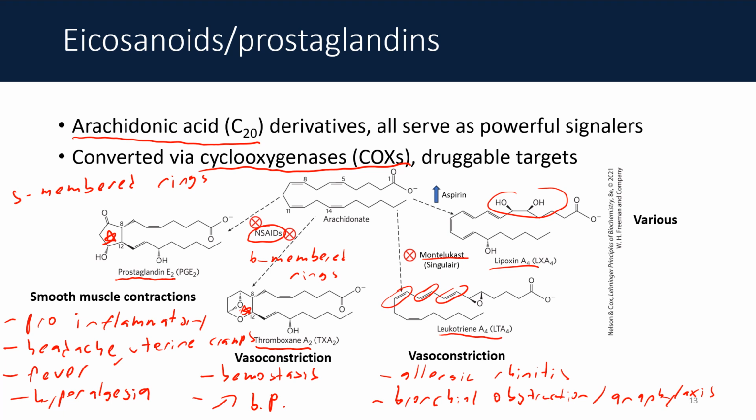Now, lastly, the lipoxins are the black sheep. Their functions are various. They're generally not potent, not as well understood, not as easily classified, but we have seen that they do have roles in vasodilation and anti-inflammation.